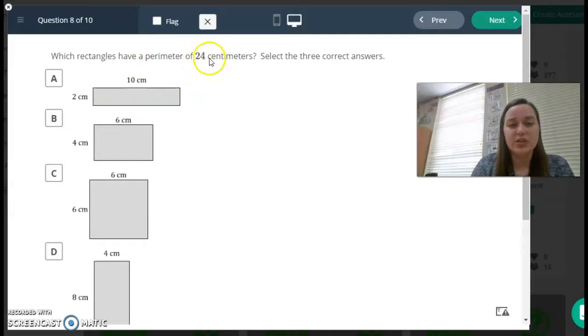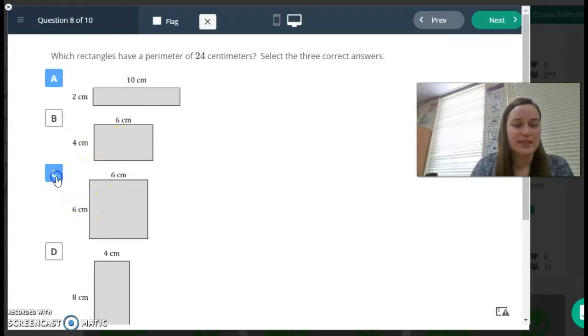What I have to do first is 24 divided by 2. So 24 divided by 2 is 12. So I know if I add up my two sides, they must equal 12. So let's see. 2 plus 10. Is that 12? Yep. Click it. 6 plus 4. Is that 12? Nope, that's only 10. 6 plus 6, is that 12?